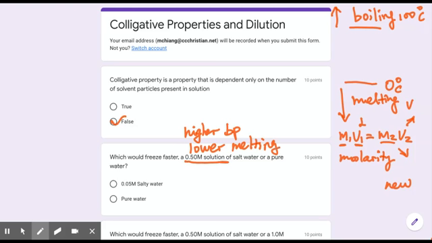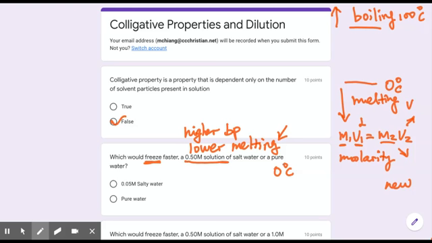Okay, if it has a lower melting point, because we are talking about freezing, it means when you reach a lower temperature, it will freeze, right? So which one is going to freeze faster? The higher temperature, for example 0 degrees, is the temperature for pure water.